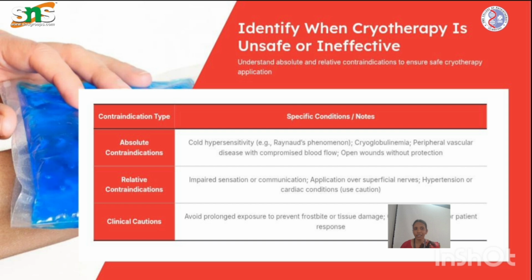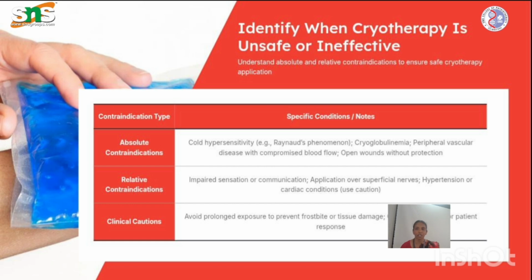What are the contraindications, or the unsafe and ineffective states, for cryotherapy? Absolute contraindications include cold hypersensitivity, for example Raynaud's phenomenon, cryoglobulinemia, peripheral vascular diseases, and open wounds without protection.